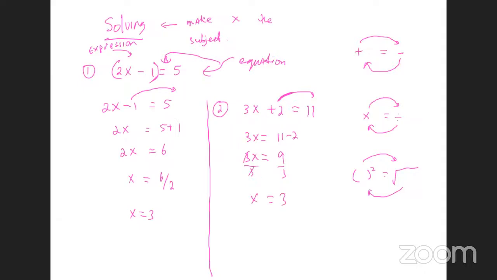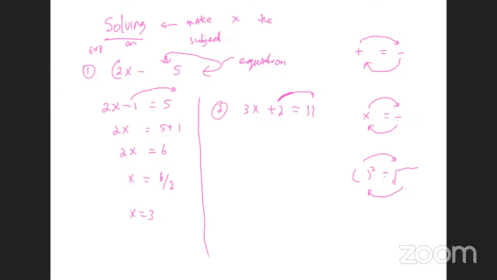Right, so there are different ways you could do it. Let me show you this next way as well. What you could also do, you want to make x the subject, right? So you want to get rid of the 2. So if you want to get rid of plus 2, you minus 2.